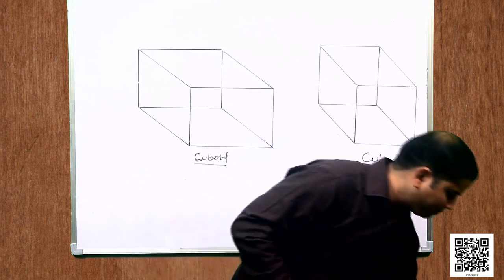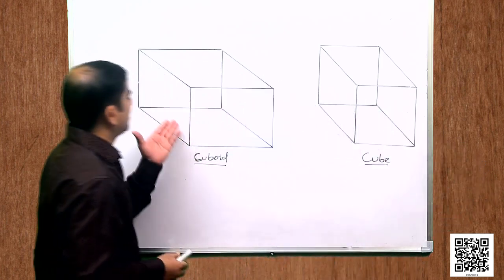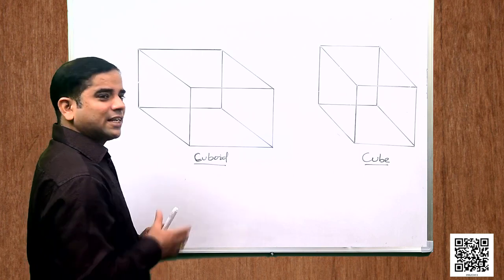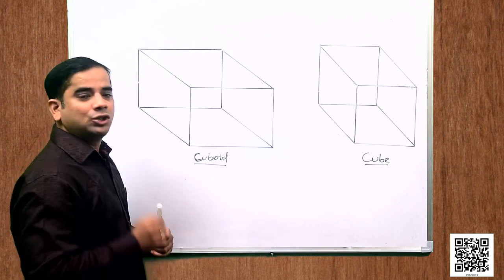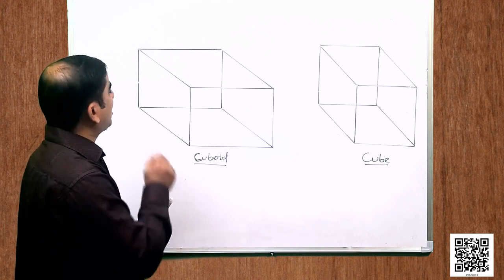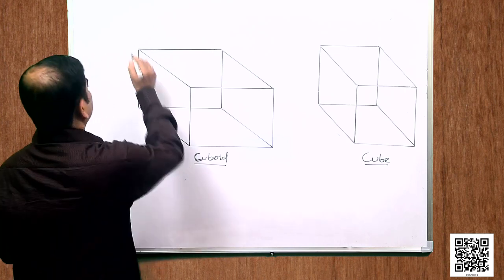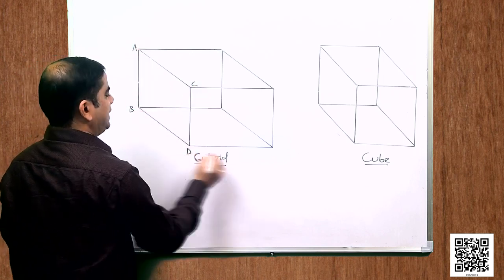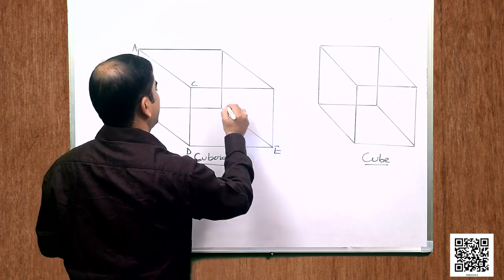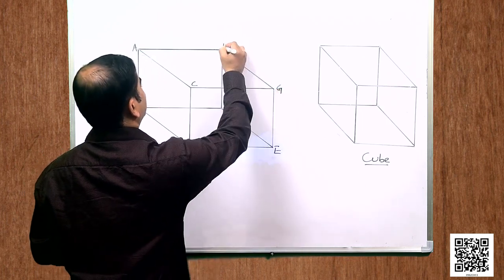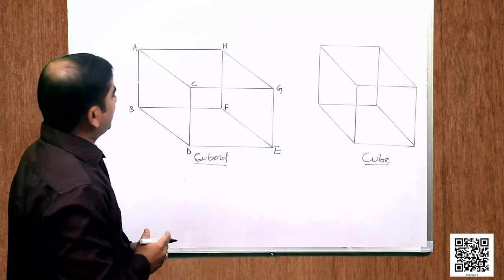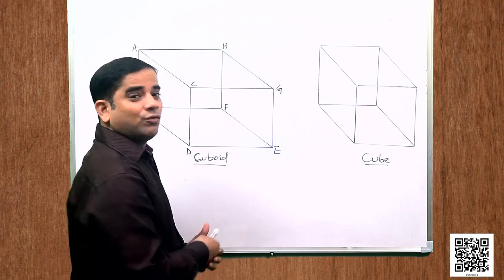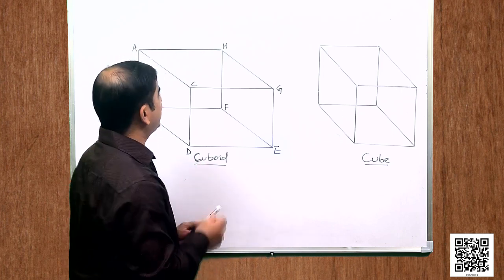In the same way, in this diagram, we have 6 surfaces. So let us name the vertices of this cuboid and find out what all the surfaces are. Okay? So A, B, C, D, E, F, G, H. After naming all the vertices, let us now find out which rectangles are there in this cuboid.